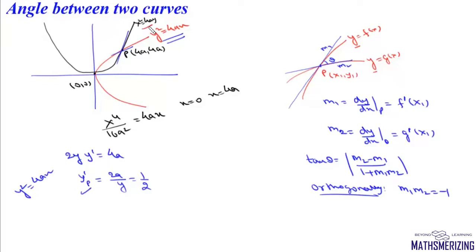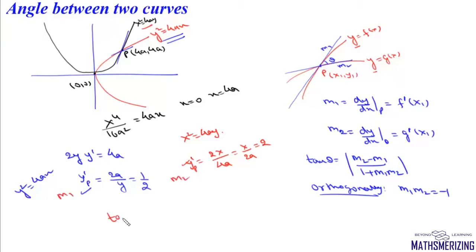Now for the second parabola, x square equals 4ay. If we differentiate, we'll get y dash as 2x upon 4a. So it'll simply be x upon 2a, and x here is 4a. So we'll get this value as 2. So now we have both the slopes. So this is say m1 and this is say m2.